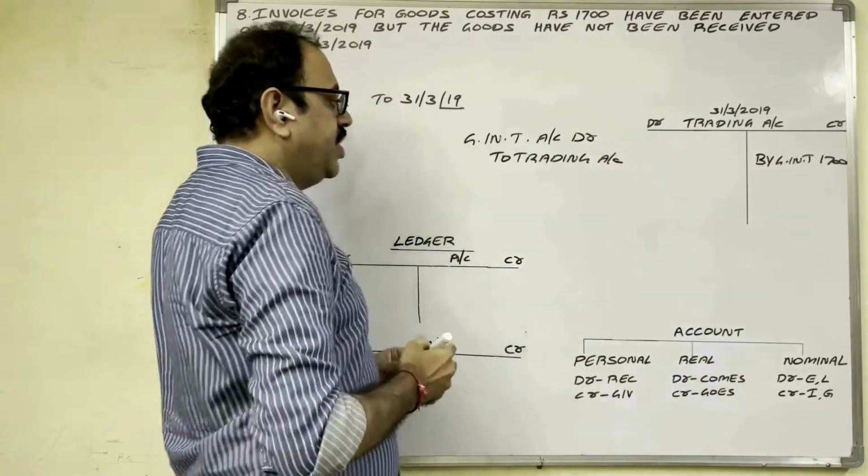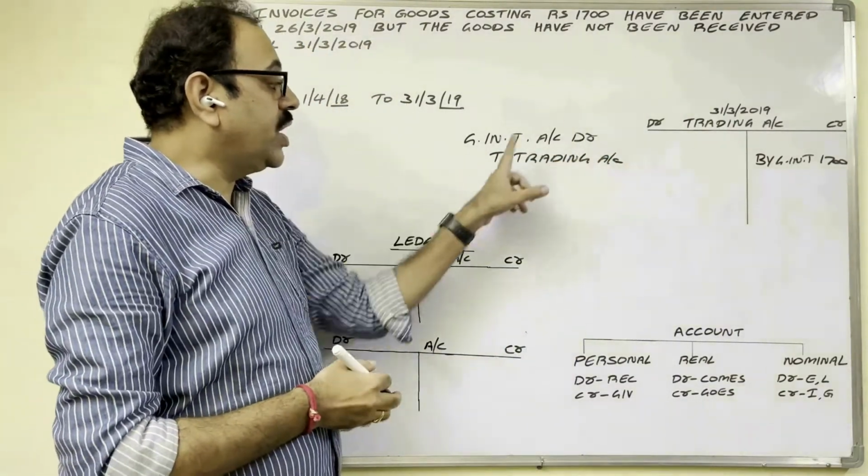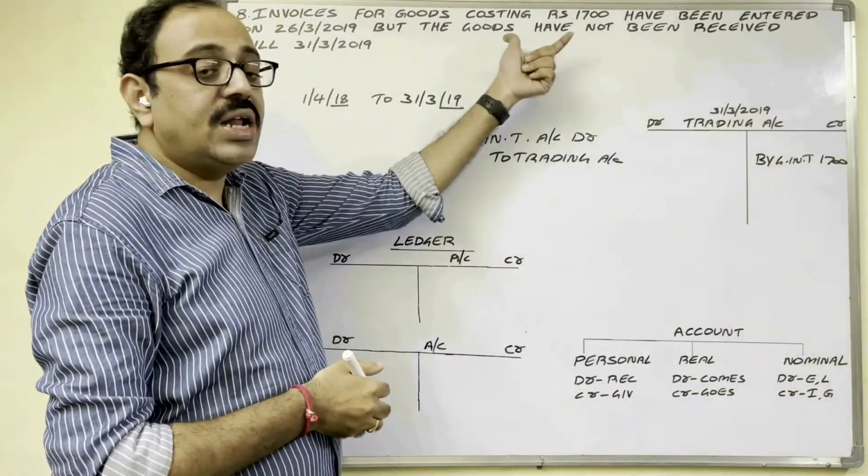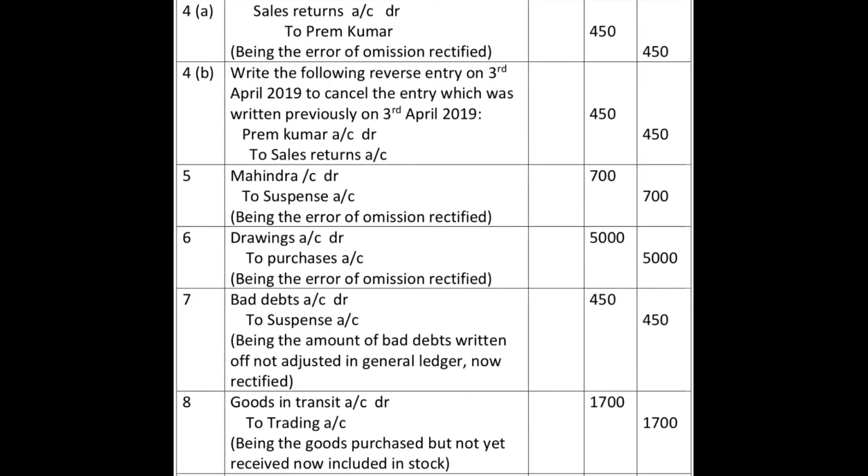This is the final entry. Goods in transit account debtor to trading account, 1700 and 1700. 8th, goods in transit account debtor to trading account. Amount 1700. Narration: Being the goods purchased but not yet received, now included in stock.